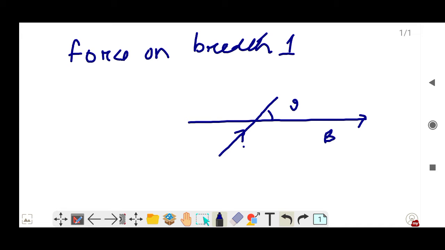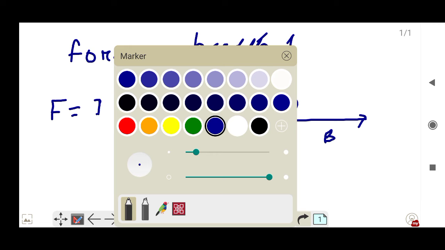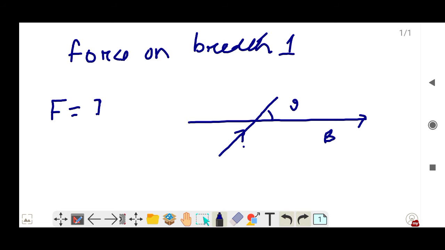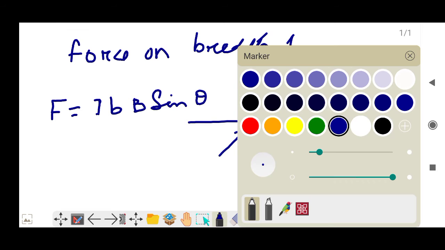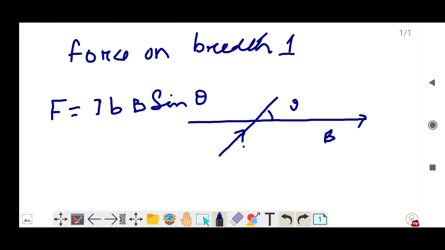So I'll write force F is equal to I L, instead of L I'll write this breadth, into B into sine of theta. Theta is the angle between this breadth and the magnetic field. As long as this coil is there, this breadth is there, because if it changes angle, it will be in this way.